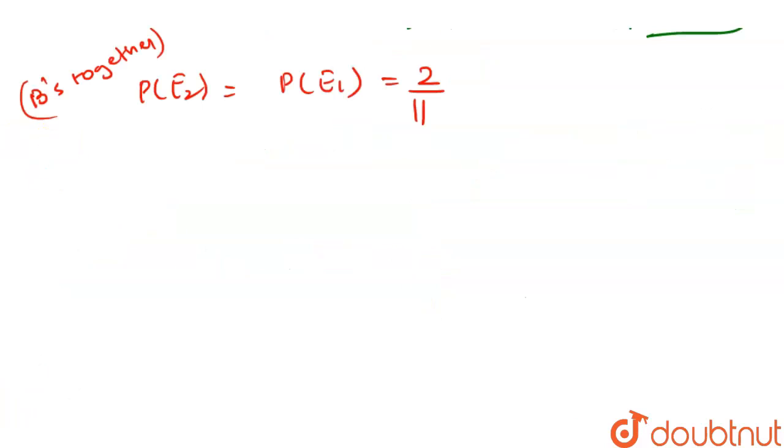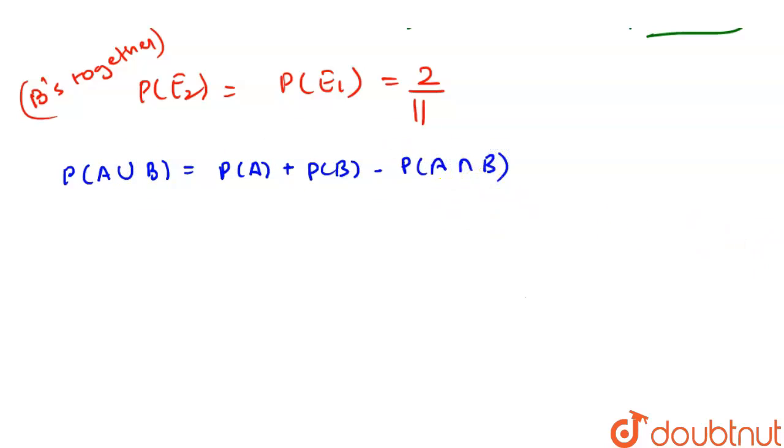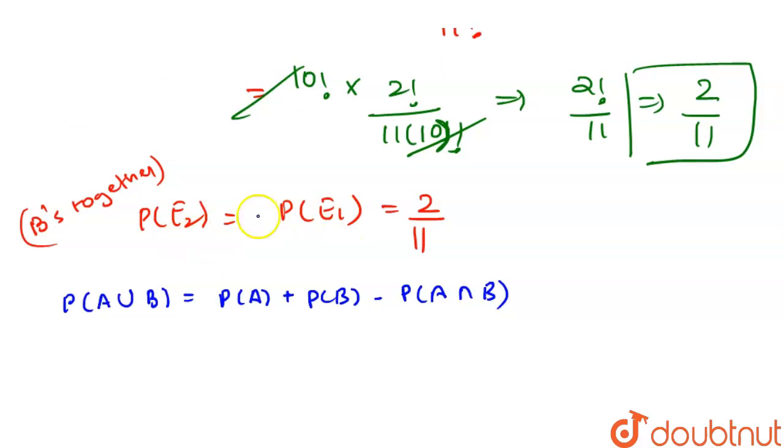Now we know that the formula is P of A union B equals P of A plus P of B minus P of A intersection B. Now we will find the probability when E1 and E2 both occur at the same time.